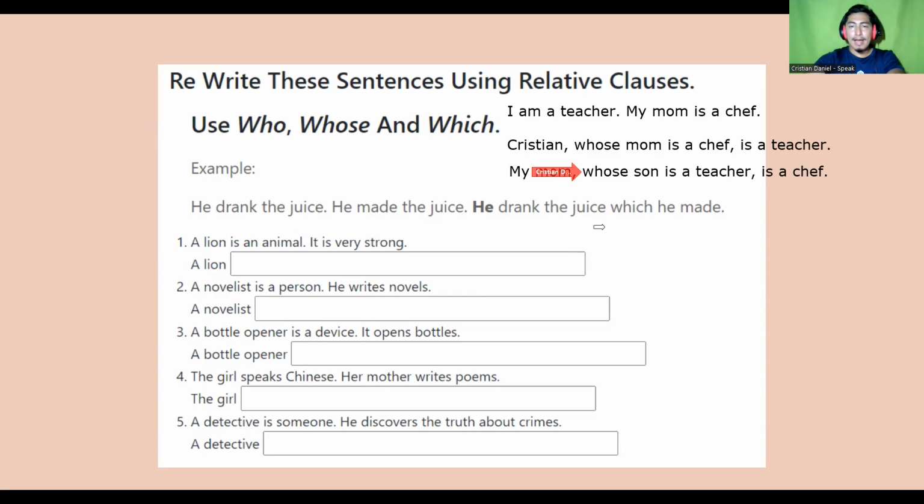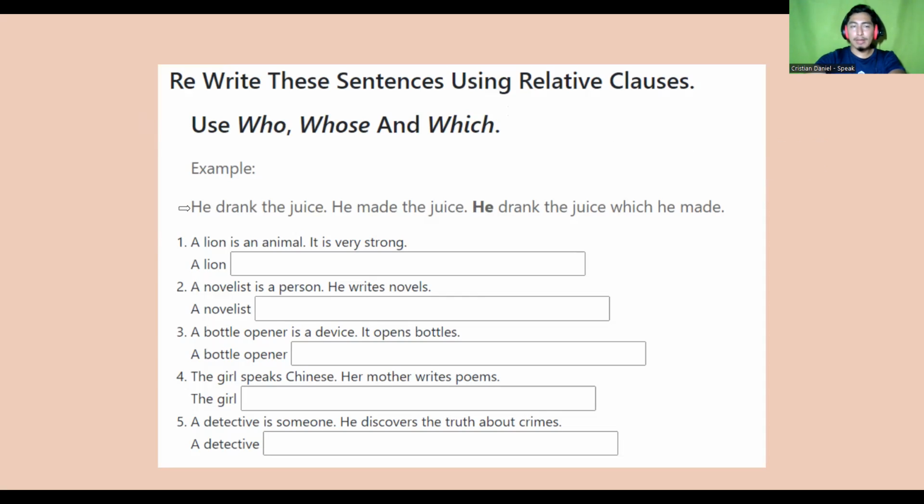Okay? Now, everybody, pay attention to the first sentence. First of all, I am reading the example, and after that, I create the first example, example number 1. Look at this. He drank the juice, sentence number 1.